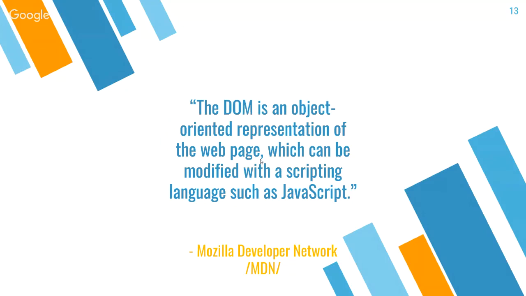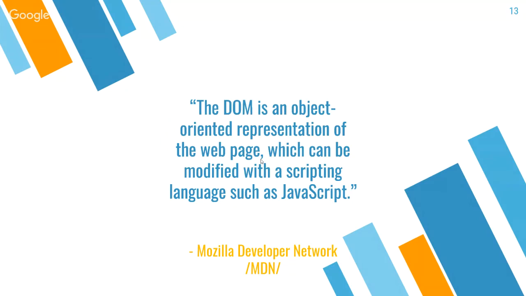This definition is a bit of a hybrid between the previous two that we saw, and I think it's the easiest to remember and understand and actually use. Because as we said, the DOM is an object. It's a representation of the web page, all the HTML elements, and it can be modified with a scripting language such as JavaScript.